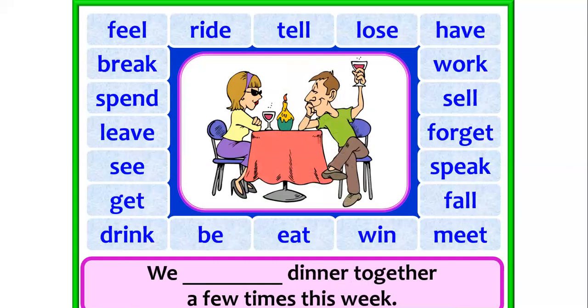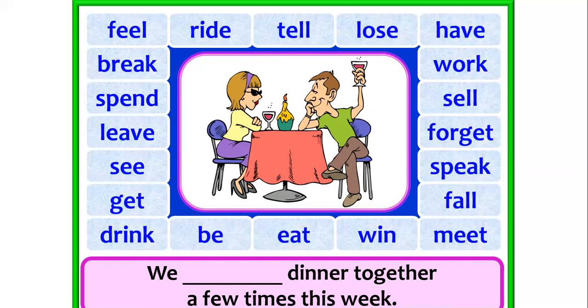So we have had dinner together. If the main verb is have, do not let that confuse you. We will still put have as a helping verb, and then we put have in the past participle as the main verb. So we say we have had dinner together.